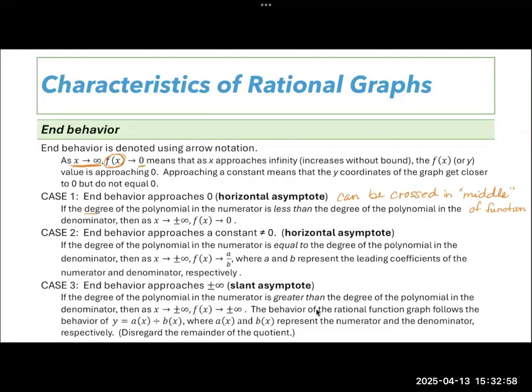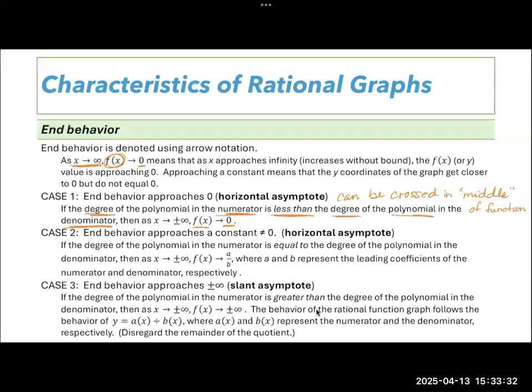So if the degree of the polynomial in the numerator is less than the degree of the polynomial in the denominator, then as x gets bigger and bigger or smaller and smaller, so as you go farther and farther to the right or farther and farther to the left, approaching positive infinity or approaching negative infinity, your graph is going to be approaching 0 for y values.